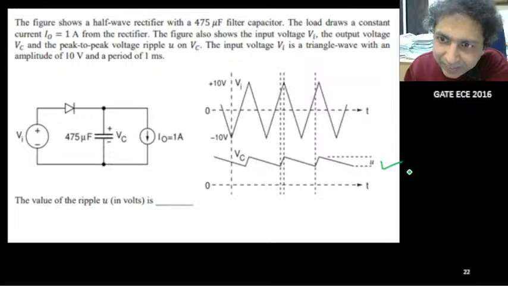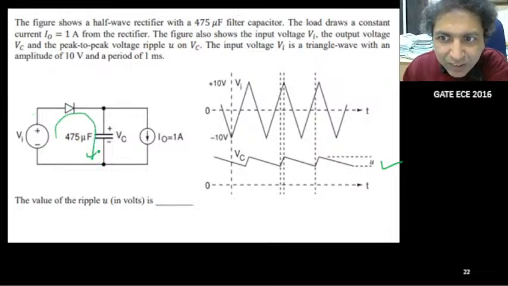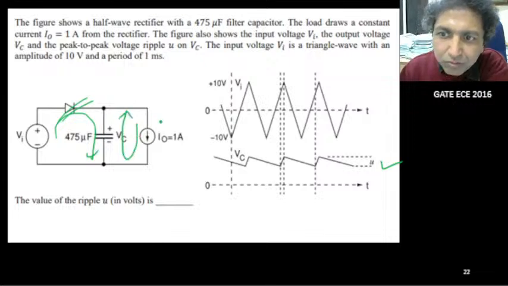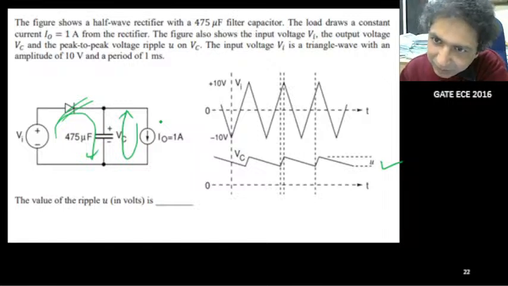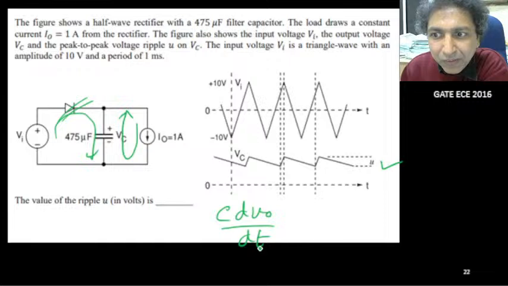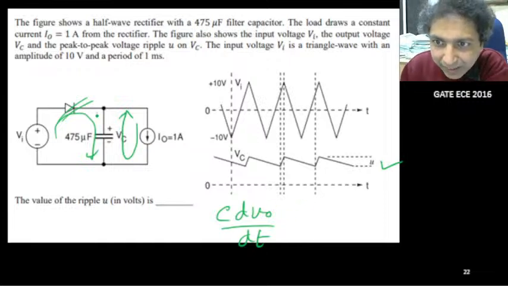One hint I am giving you: when the diode is on, the capacitor is fully charging through this path and it follows the input potential. But when the diode is off, this current source is working and the capacitor will discharge a little bit. So C dV/dt will be the current here.